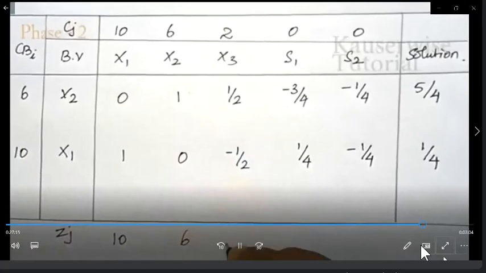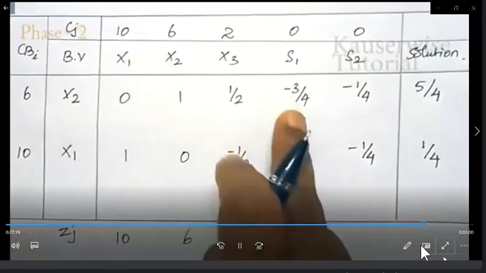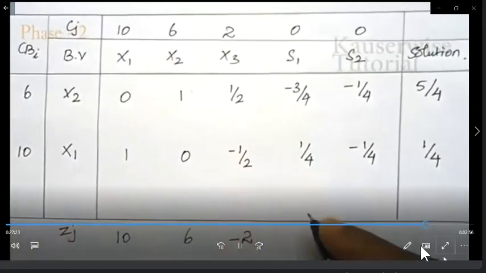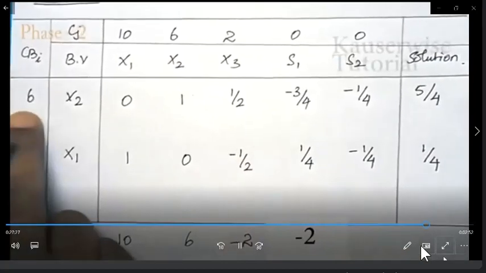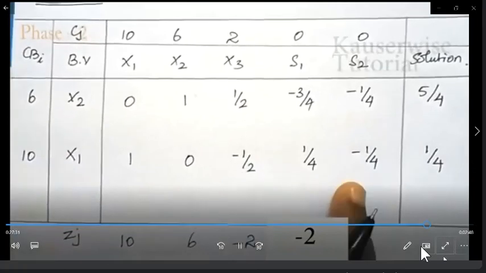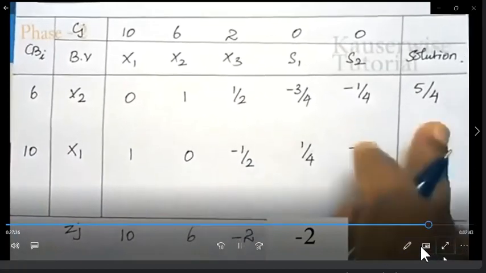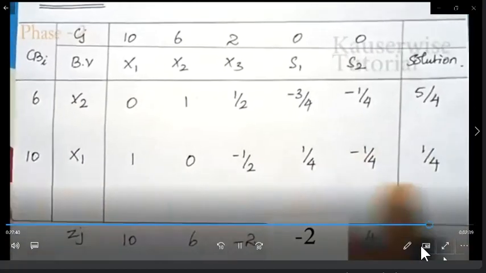The answer is minus 2. Next one, 6 into minus 3/4 plus 10 into 1/4. The answer is minus 2. Next one, 6 into minus 1/4 plus 10 into minus 1/4. The answer is minus 4. The solution column, 6 into 5/4 plus 10 into 1/4.